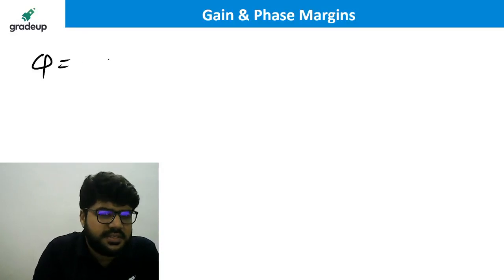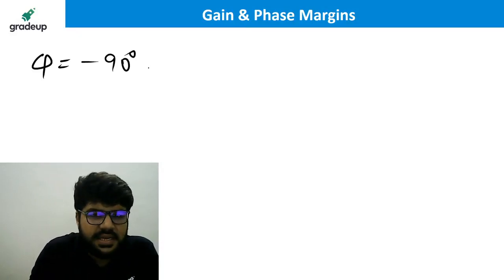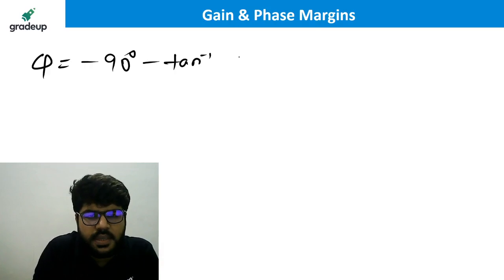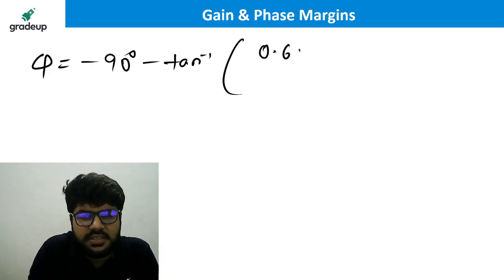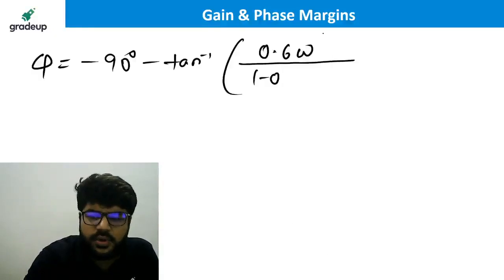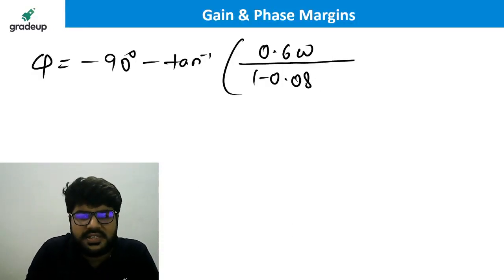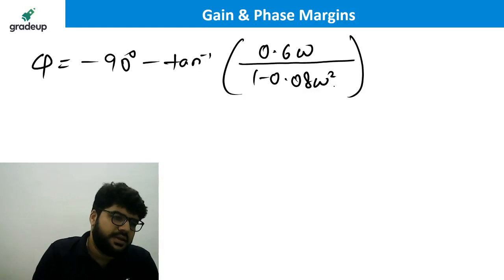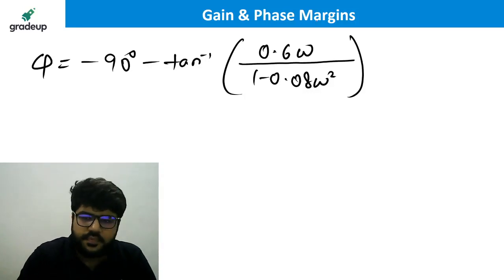So phase is equal to minus 90 minus tan inverse of 0.6ω divided by (1 minus 0.2 into 0.4, 0.08 ω squared).